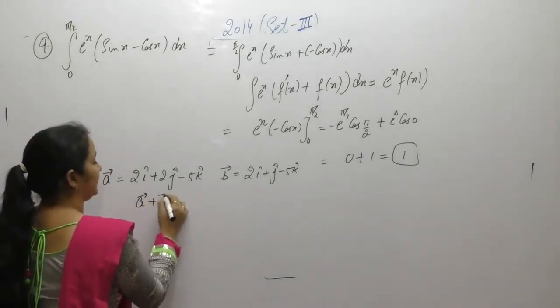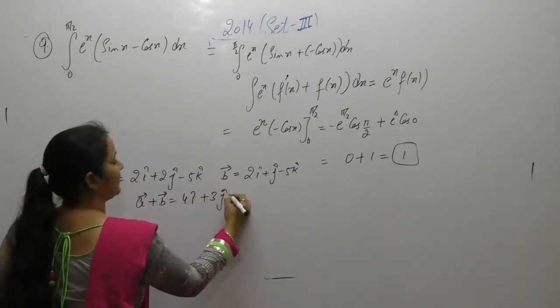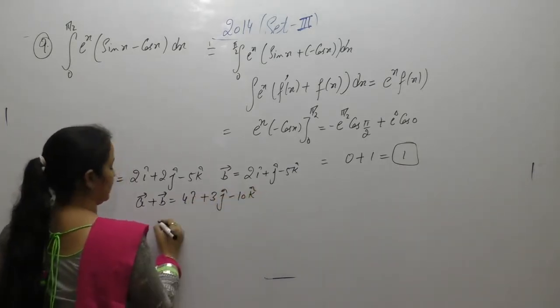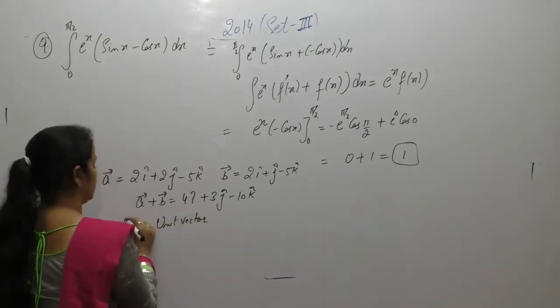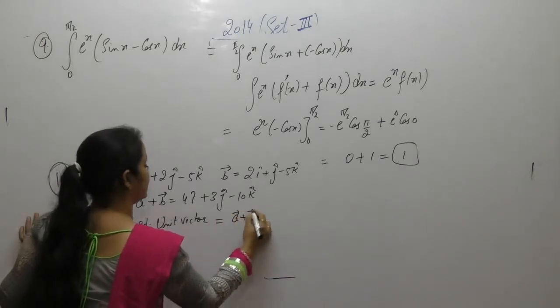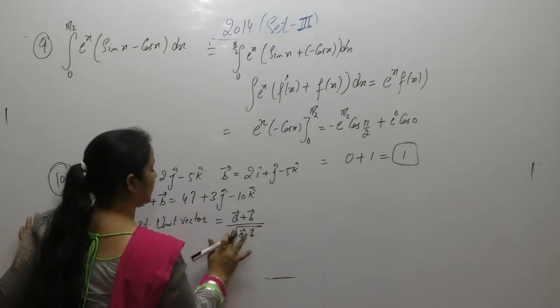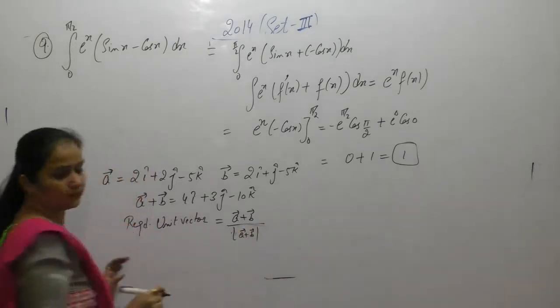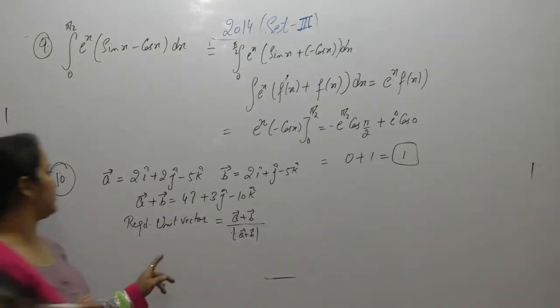So A plus B vector is 2 plus 2, 2 plus 1, minus 5, minus 5. Now the required unit vector is equal to the sum of these vectors upon the magnitude of the sum of these vectors, A plus B vector upon magnitude of this.